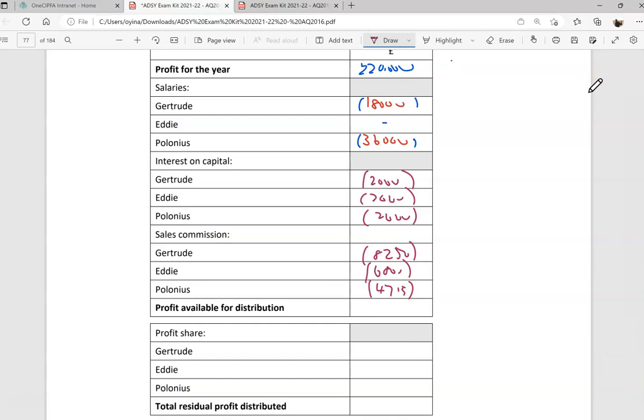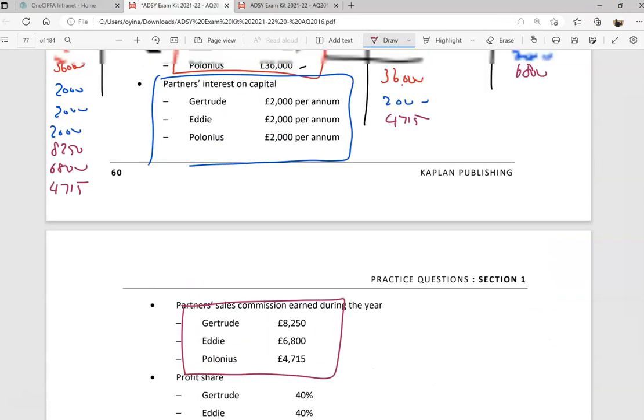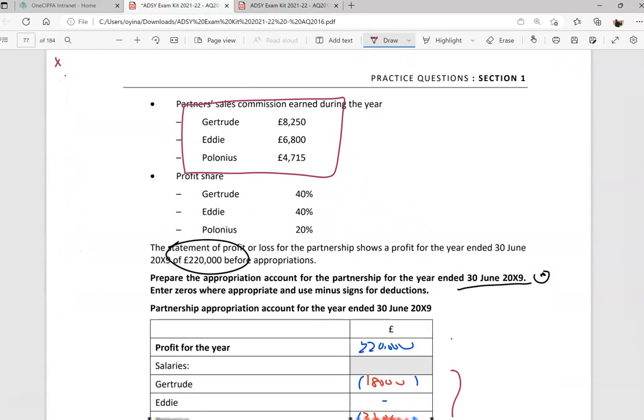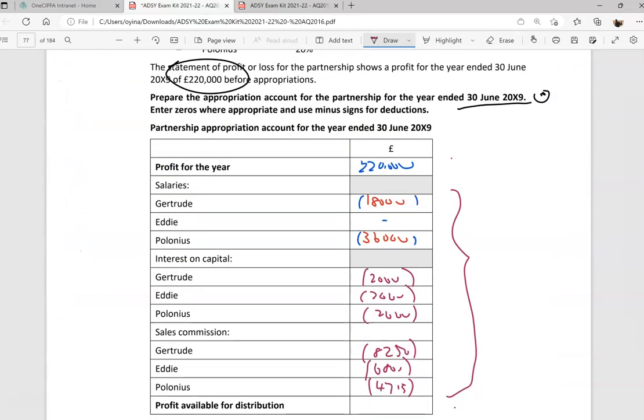And so now we deduct all of this, and whatever we have left is what we can now share. It's still all double entry, because even when I want to share this, I'm just going to debit all of this and put all these figures here, respectively. And this will close this profit appropriation account. It's just a T account. So let's do that. Focusing on here, let's get that profit: 220,000.